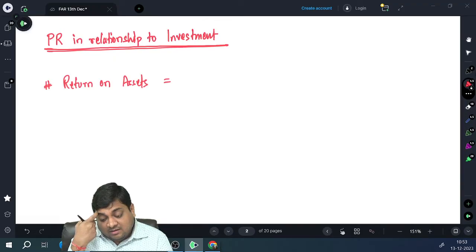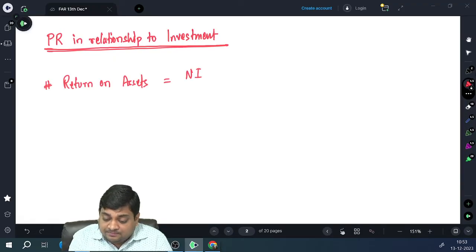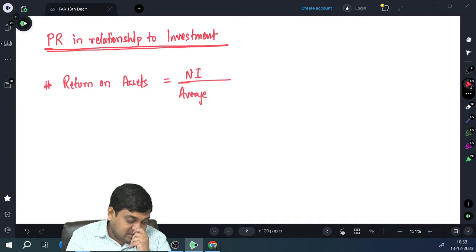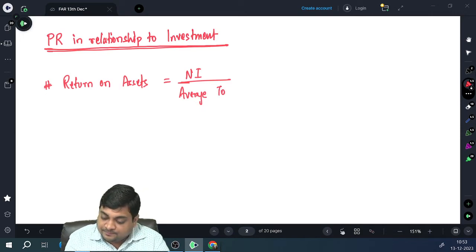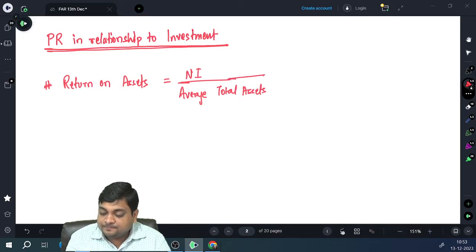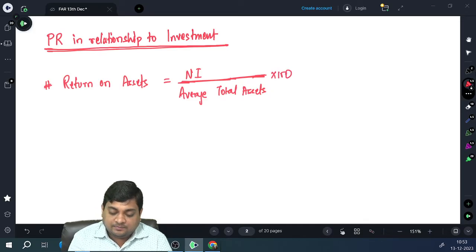So this is your net income by average total assets into 100, right?